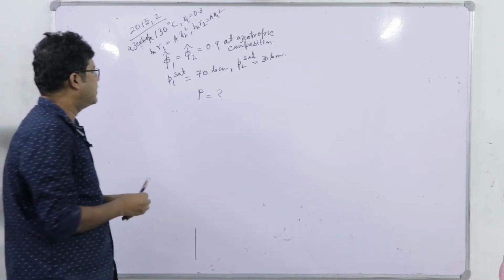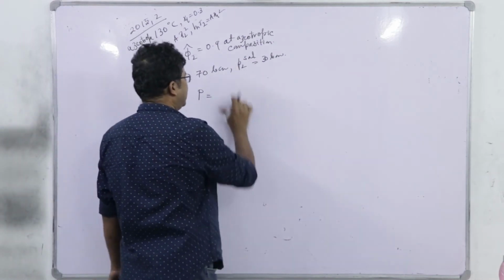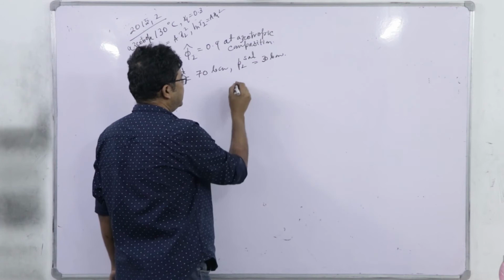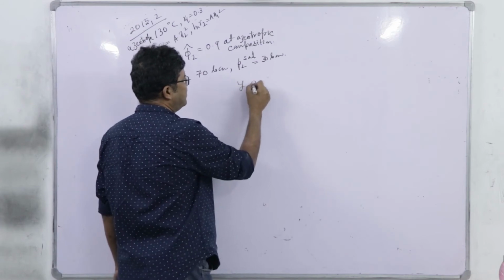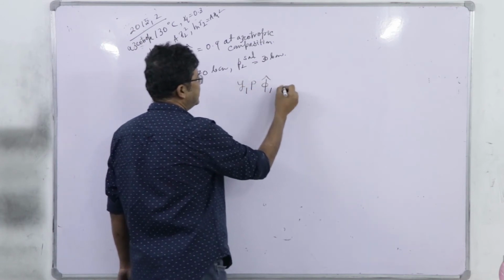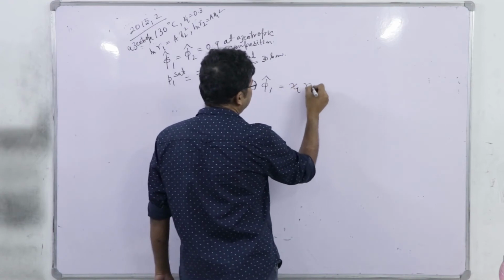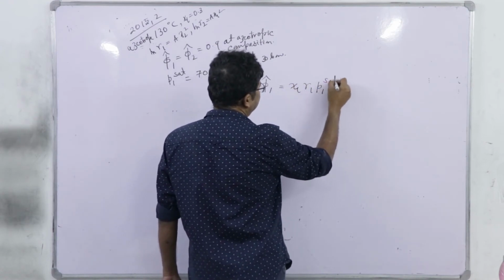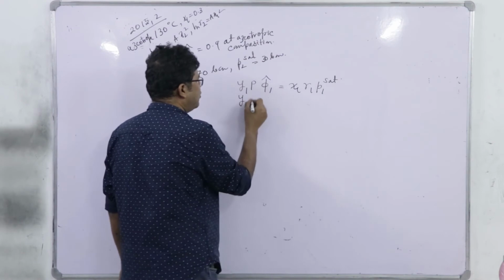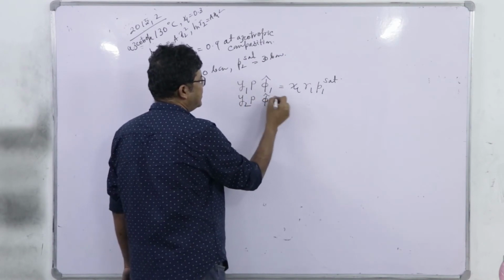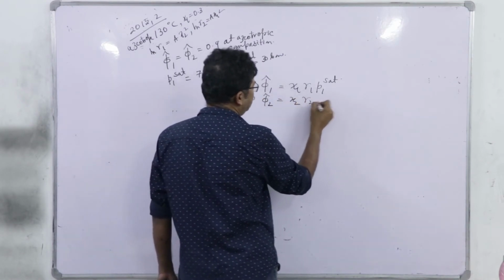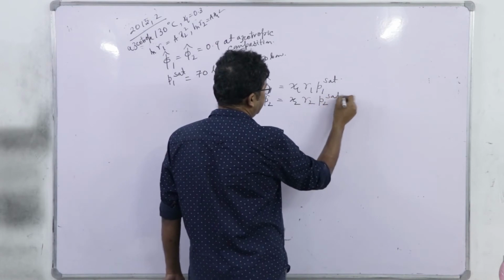Temperature is given. So you know from VLE, let me write that, y1 P phi 1 cap is equal to x1 gamma 1 P1 sat, and y2 P phi 2 cap is equal to x2 gamma 2 P2 sat.